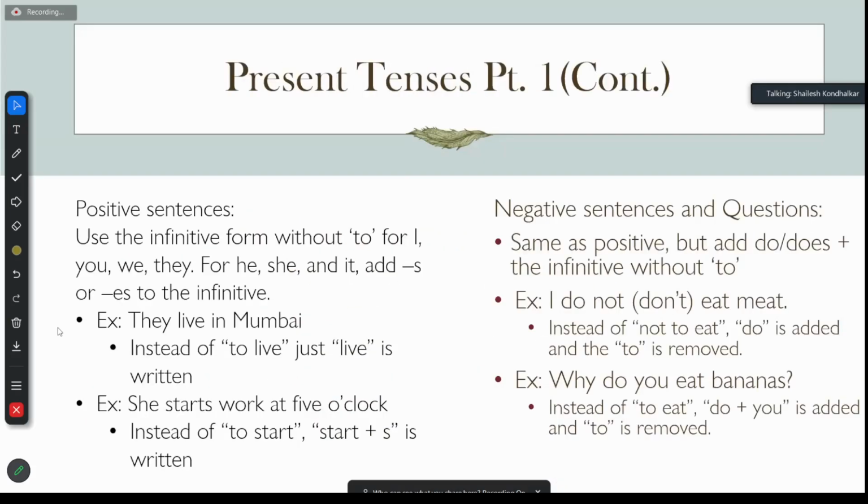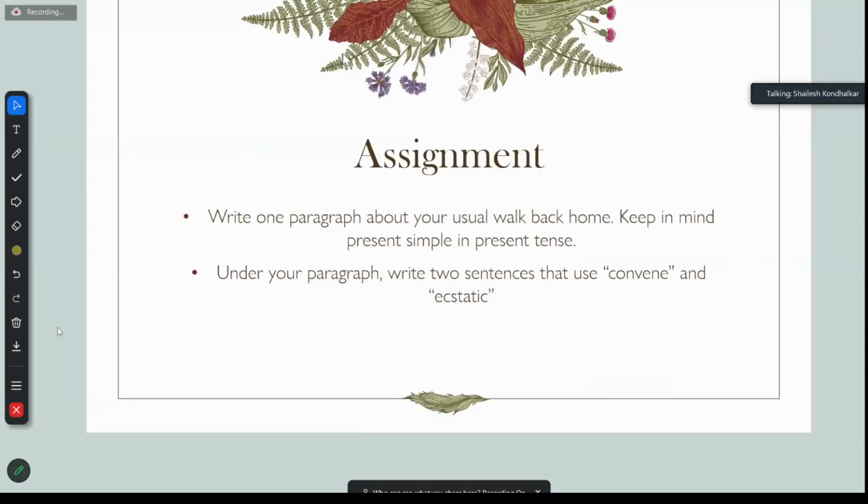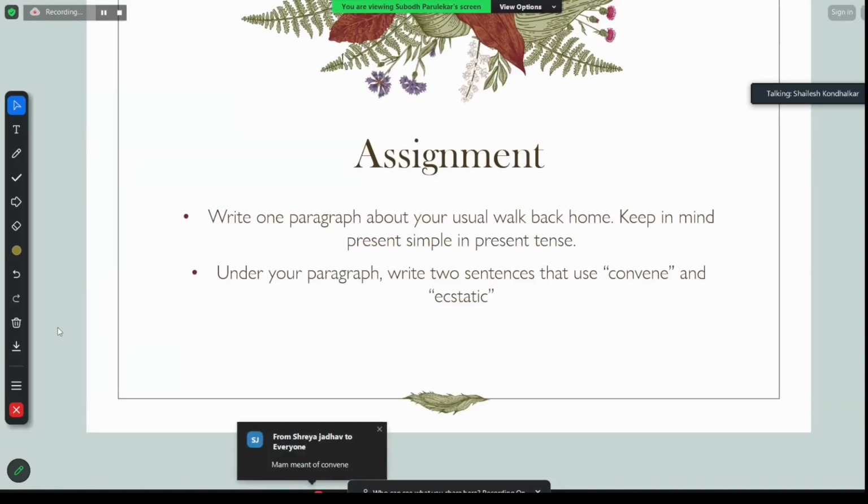We convene for the school meeting. This is right. Yeah, it is right. Thank you. Meaning of convene. So we went over that, but that's okay.